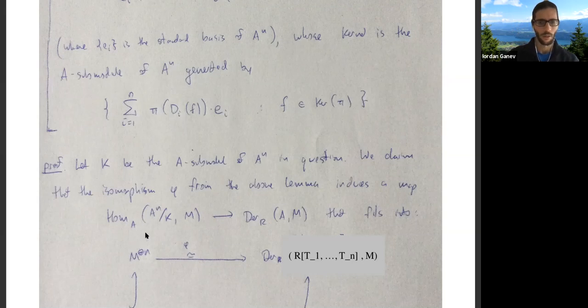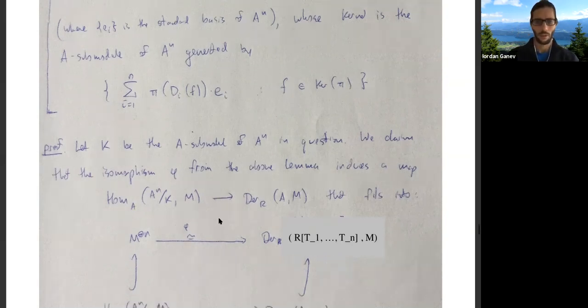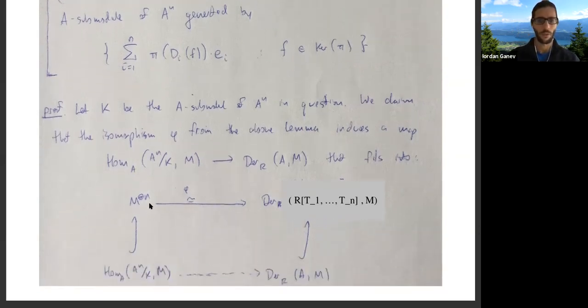All right, so we claim that we get an induced map that fits into the following diagram. So first of all, M is a module for A. I don't know if I said this, but maybe it's understood.